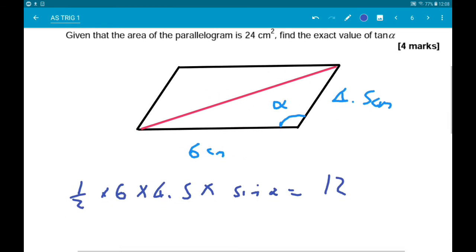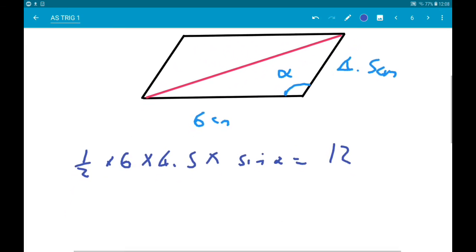Now then, if we multiply through by 2, then we get 6 times 4.5, which is 27.